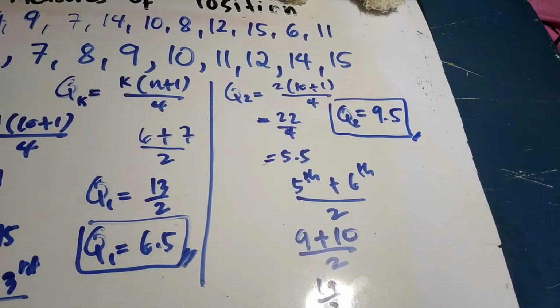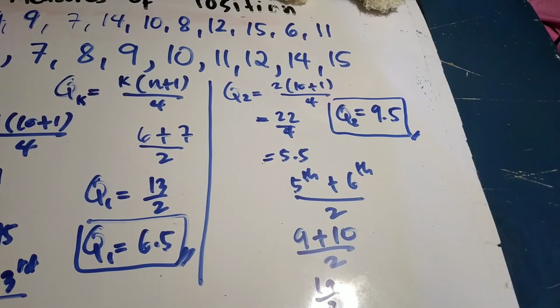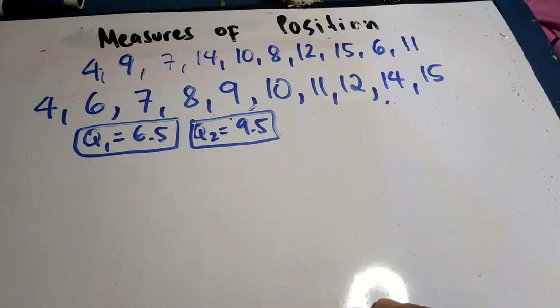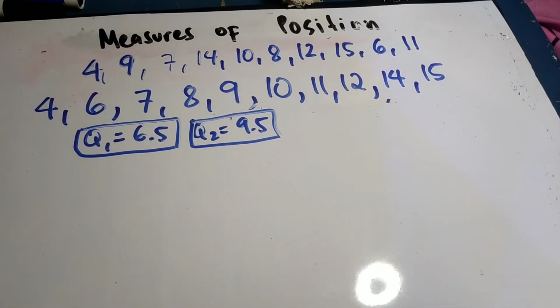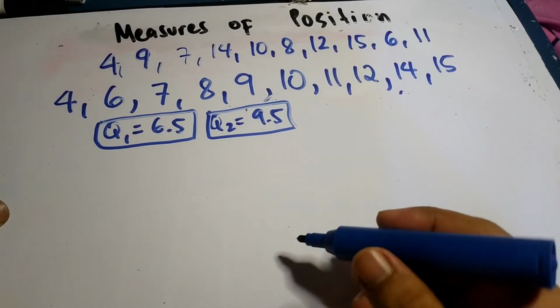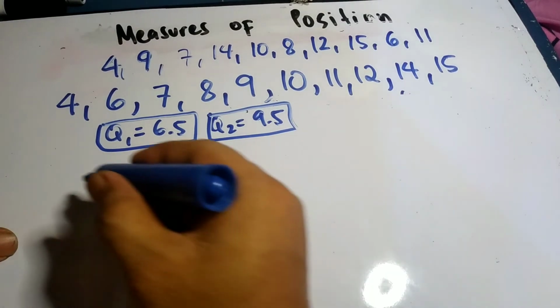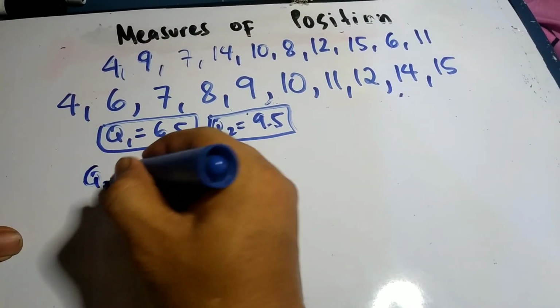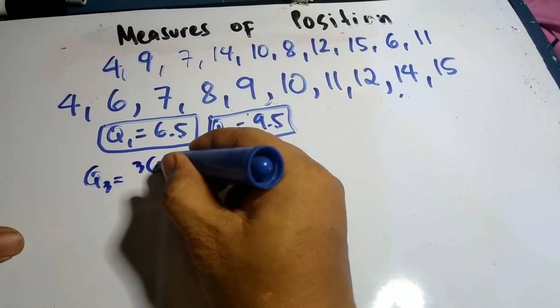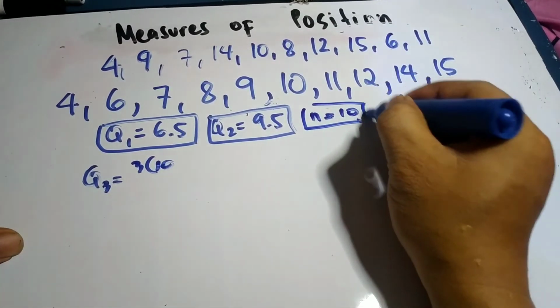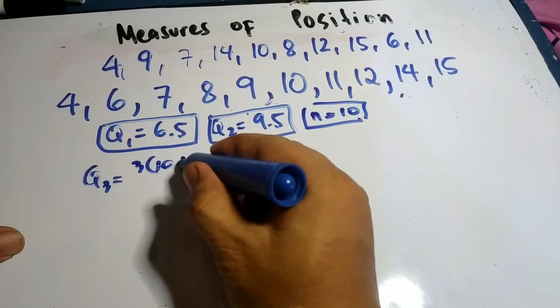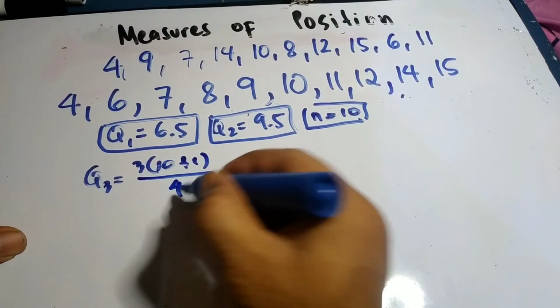Next naman po, tapos na natin nakuha si Q1, Q2, then kunin na natin si Q3. To get Q sub 3, Q sub 3 is equal to 3 times 10, kasi ang n po natin dito ay 10, plus 1 all over 4.